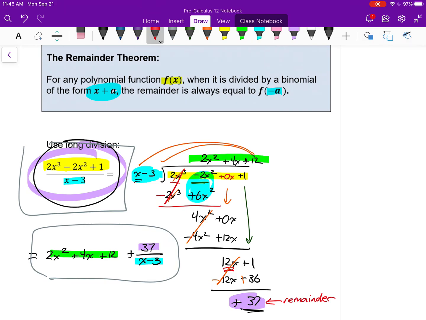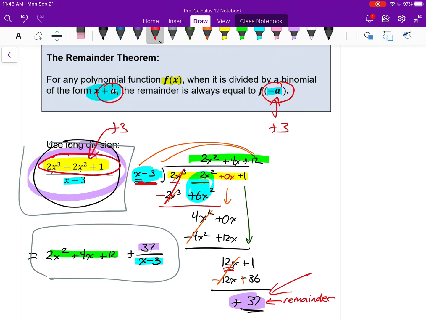What that's saying is that the remainder of 37 here, I can figure out alternatively by just looking at what I've highlighted in yellow, 2x cubed minus 2x squared plus 1, and replacing x with positive 3. Because again, I have a minus a there, I have a plus a right there. So if I'm dividing by x minus 3, if I put positive 3 into these x's, I know I'm going to get out 37.